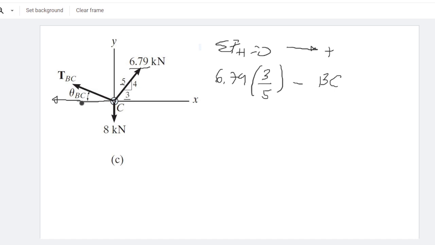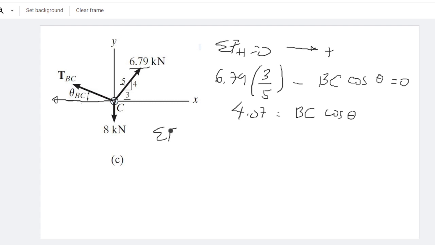What function is this one? This is adjacent to angle, so this is cosine theta equals to 0. Let us simplify. This is just 4.07, and then this one could be written on the other side as BC cosine theta.